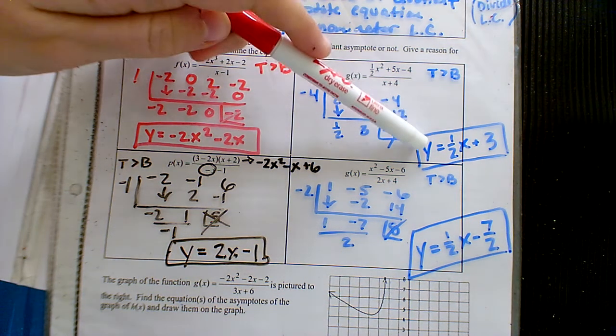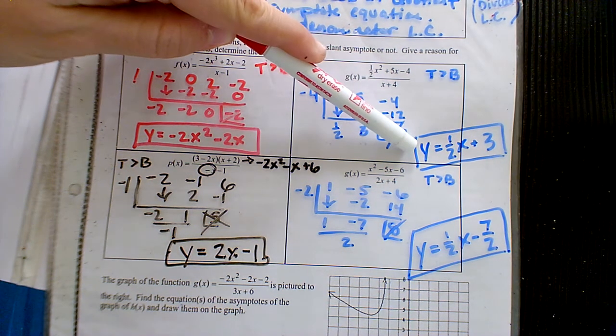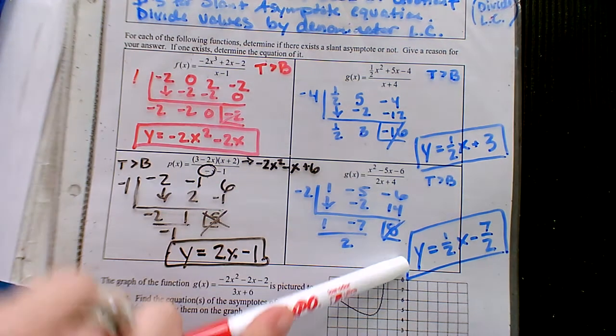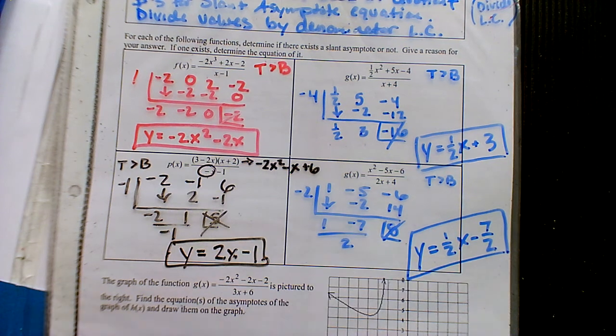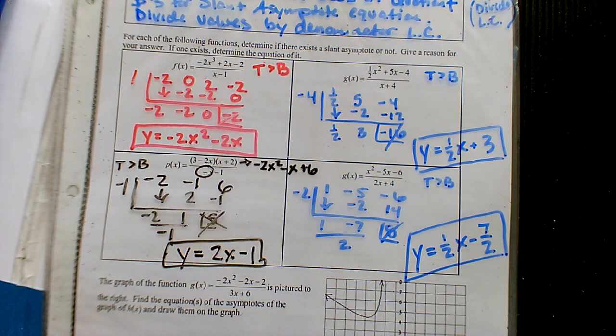All right, how about 1/2 x plus 3 for the first one? Sound good? And then 1/2 x minus 7/2? Yeah? Perfect. Okay, we want to go over any piece of those though? Confident and comfortable?